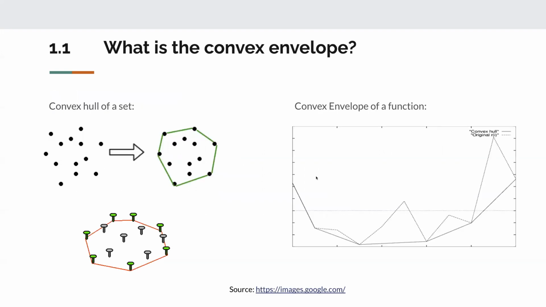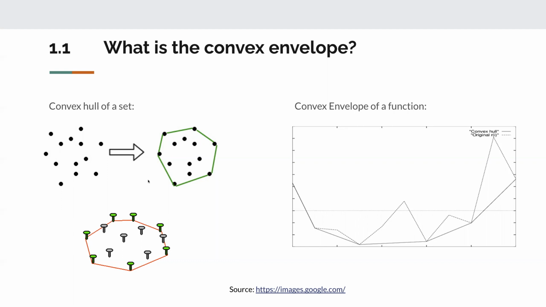All right. So in order to figure out the terminologies here, what is the convex envelope? Let's say you're given this set of points. This is the convex hull of this set. You can imagine a few nails on the wall, and if you try to put a rubber band around those nails, what you get is the convex hull of those nails.